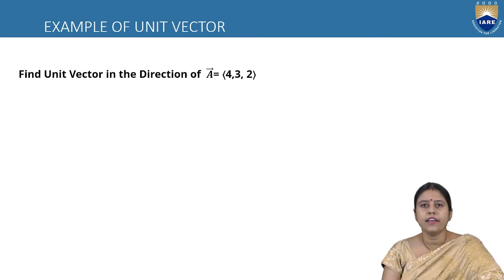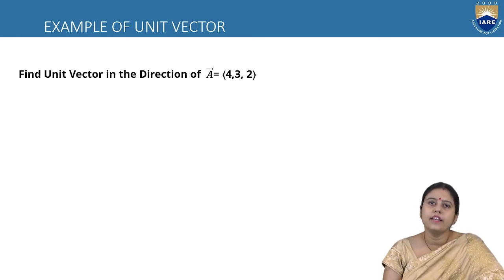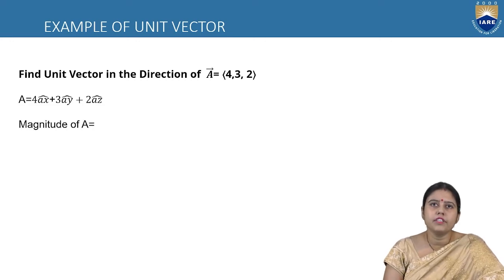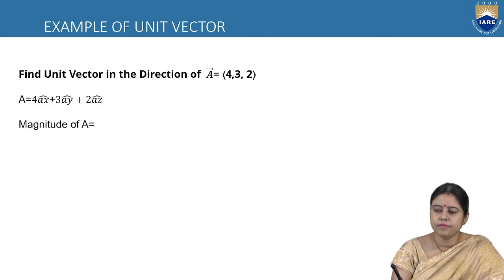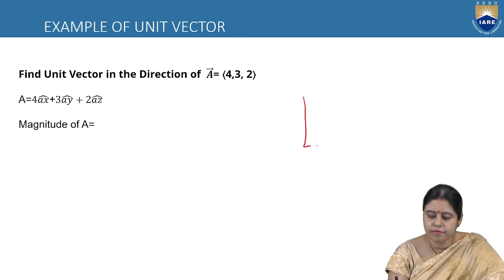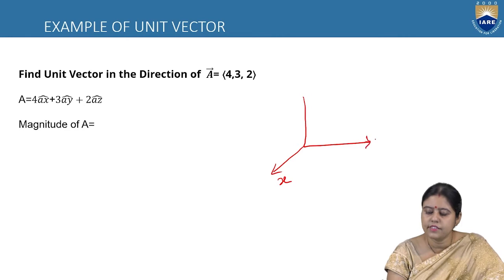Now we are taking the unit vector in 3-dimensional space. In 3 dimensions, generally we write x, this is our y and z. And one point is here at 4, 3, 2.